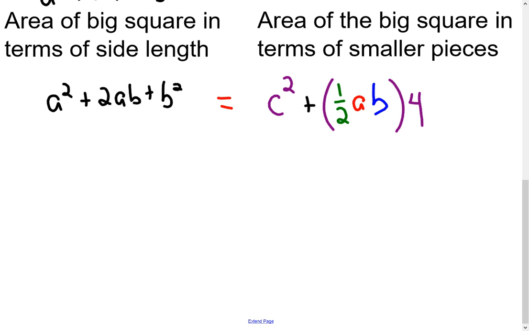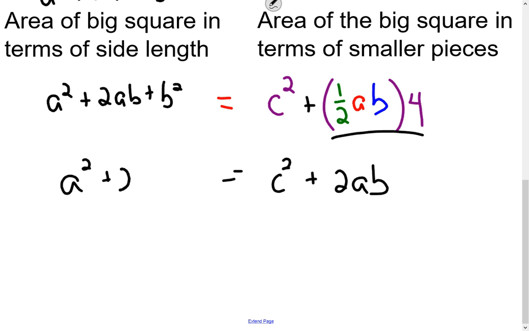Now, I'm going to manipulate all this. It's kind of just a little algebra now. On this side, 4 times the 1/2 is 2, so I have 2AB plus my c squared here. On this side, we still have our a squared plus 2ab plus b squared.